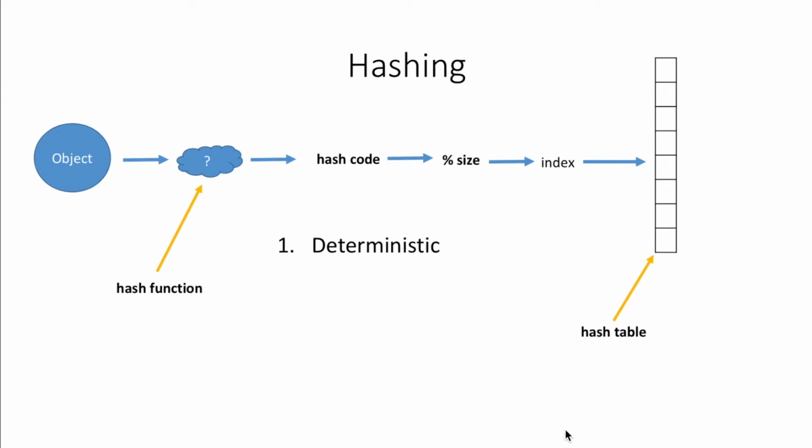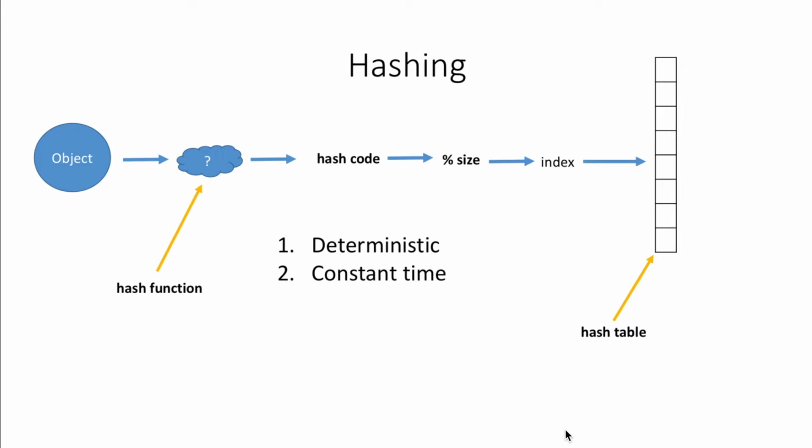There are multiple properties that a hash function has to fulfill. First, it has to be deterministic. So given the same object multiple times, it always has to produce the same hash code, unless the properties of the object change. But if it's the same object with the exact same properties that are used for the hash by the hash function, it should produce the same hash code. The second, it has to run in constant time.